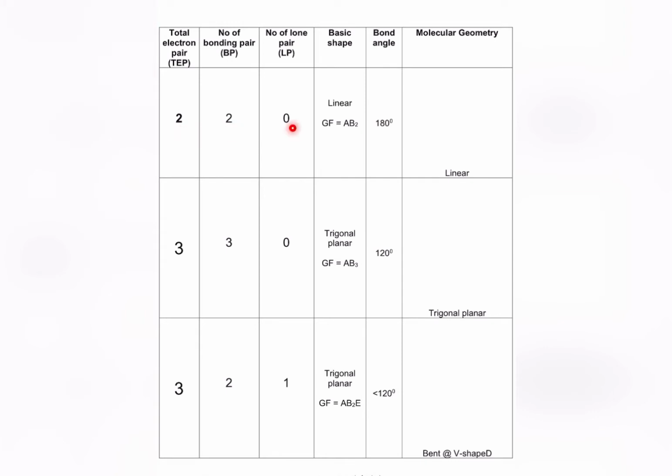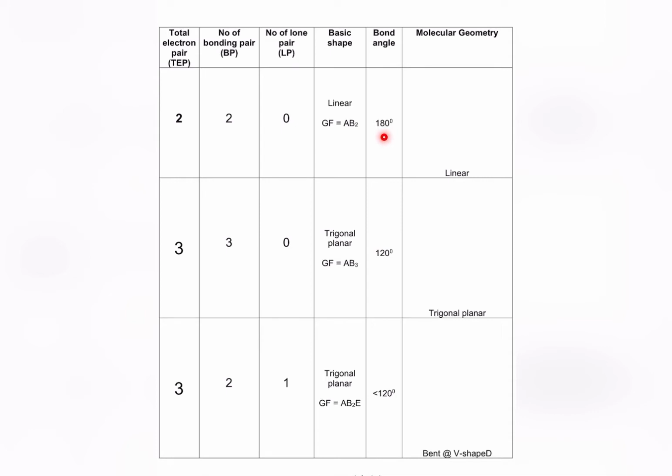So it means that there is no lone pair at the central atom. So maknanya shape dia akan jadi linear dan general formula for it is AB2. A means one central atom and B bermaksud 2 bonding pairs. So ada 2 terminal atoms. Dan angle yang akan wujud untuk this case is 180 degrees.